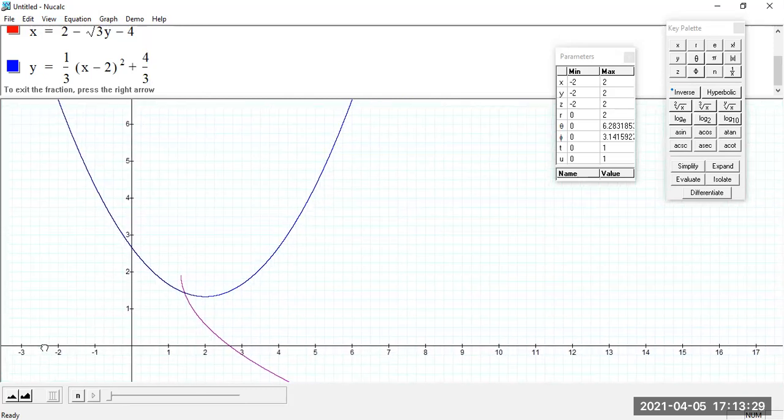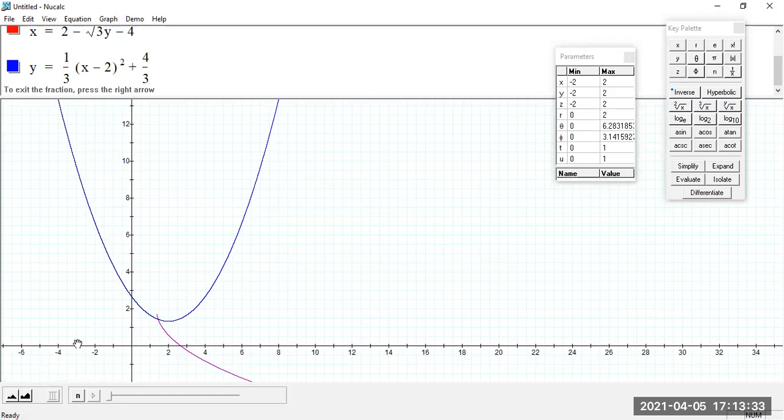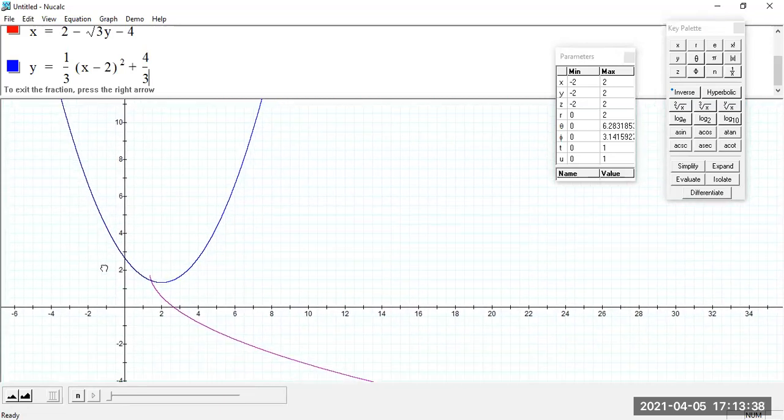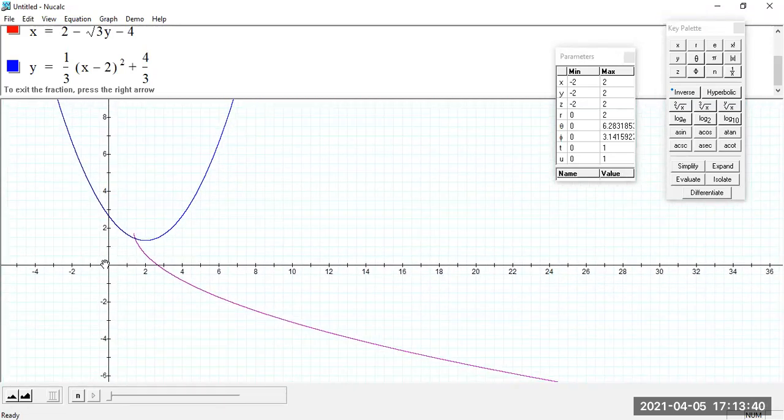You see that? That's not the perfect inverse function. I hope now you see the issue. It's supposed to be part of that blue graph only.